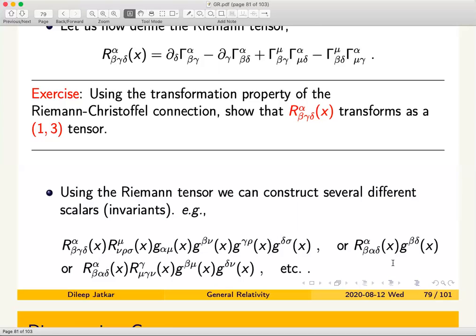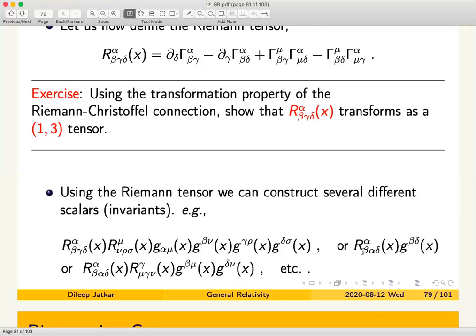Okay, you could write down some other invariant. For example, look at this invariant. This invariant is constructed from R alpha beta gamma delta by saying that gamma is the same as alpha. That is like contracting this quantity by summing over alpha and gamma simultaneously.